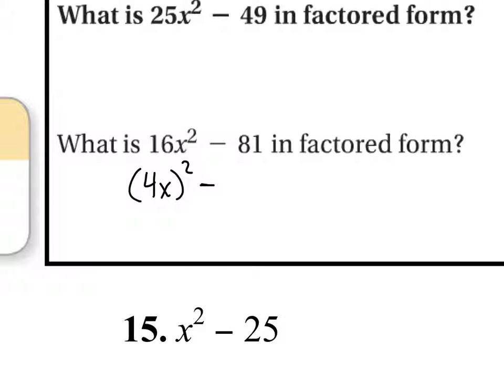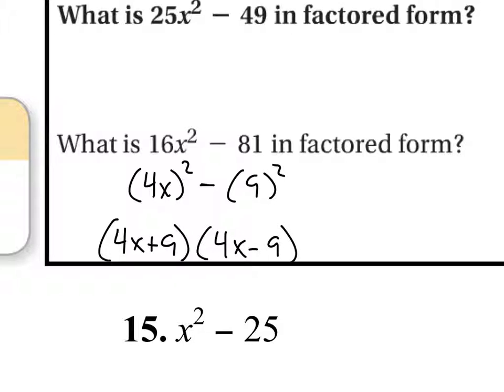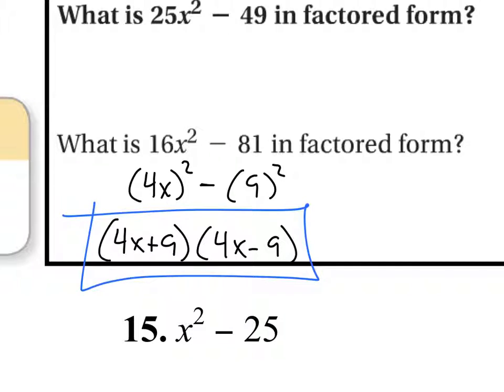Then you have that minus sign. We have to rewrite 81 as something squared, and that something is 9. 9 squared is 81. So we end up with binomial 4x plus 9 times a second binomial 4x minus 9. That is our answer.